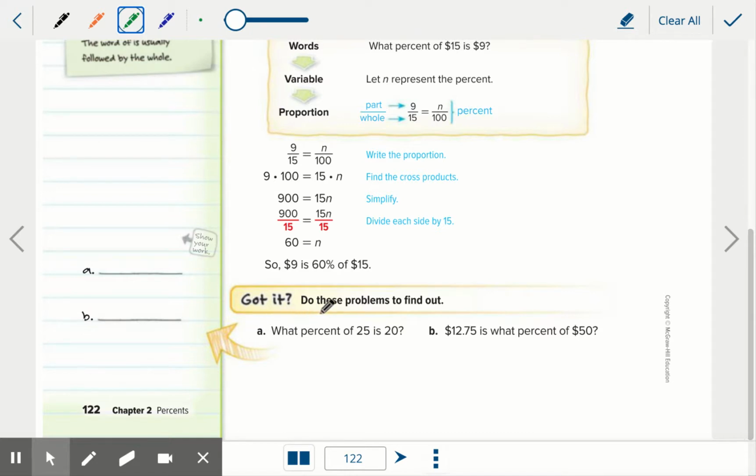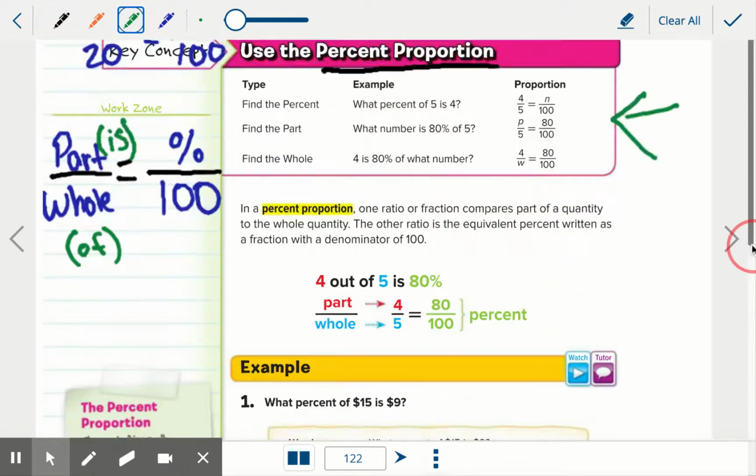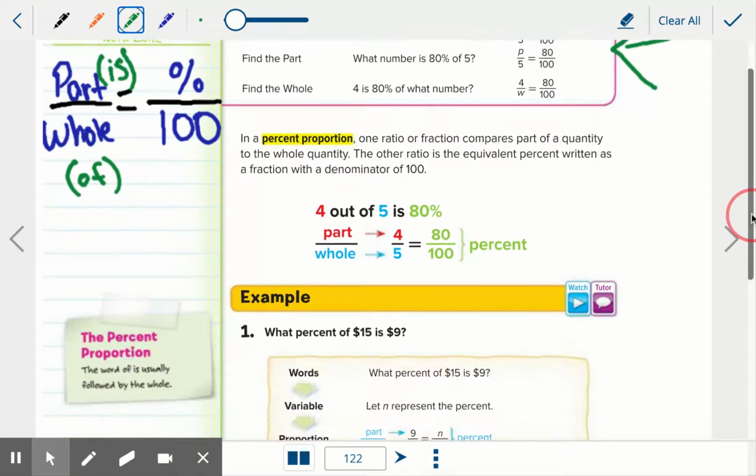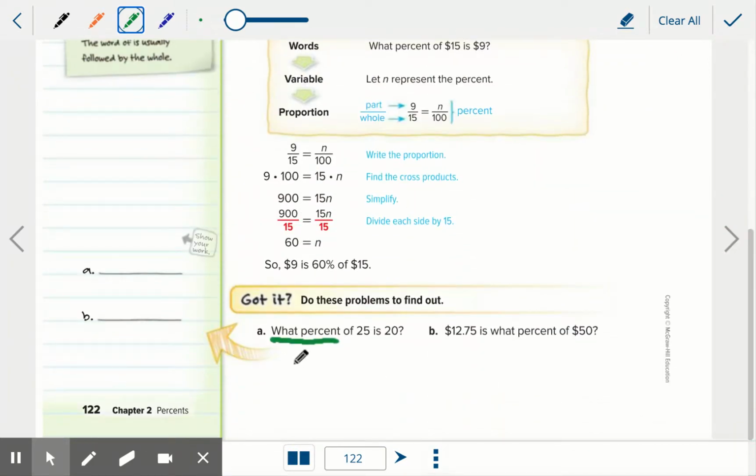So it says, what percent of 25 is 20? Well, what don't we know? We don't know the percent. So if I look back to the top of the page, if I need to find the percent, I'm going to use this proportion. So I'm going to have something over something equals a variable over 100.